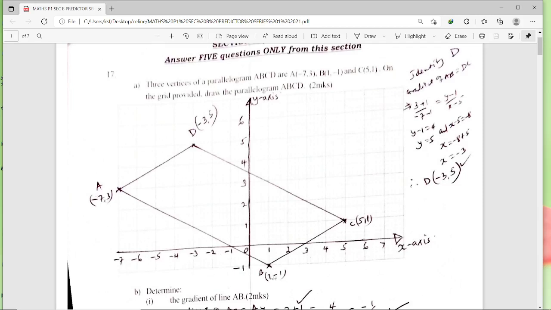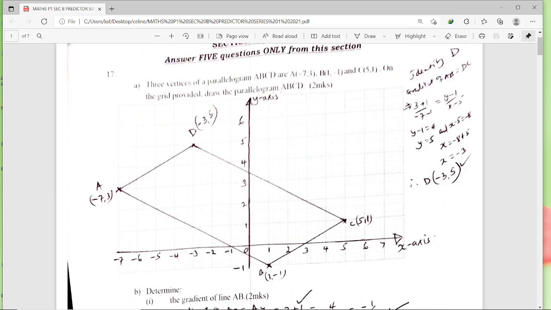This will be equal to the gradient of DC, assuming D is (x, y): y minus 1 all over x minus 5.